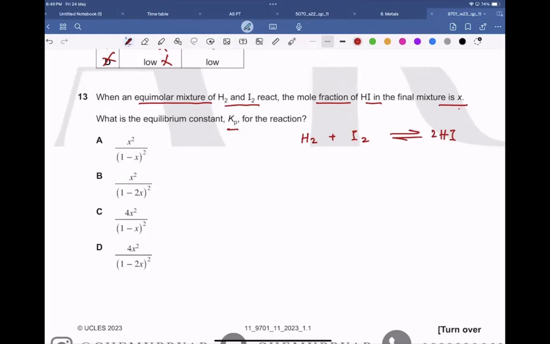We are saying that the mole fraction of HI in the final mixture is X. Let's suppose this is 1 and this is 1 initially and it's 0. Is this understandable?